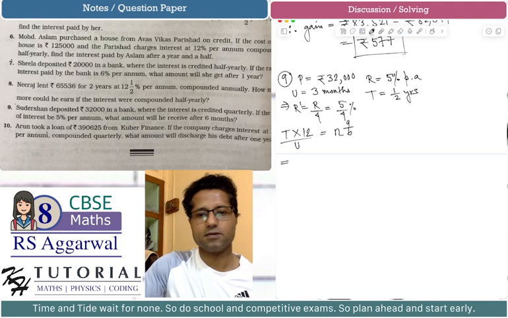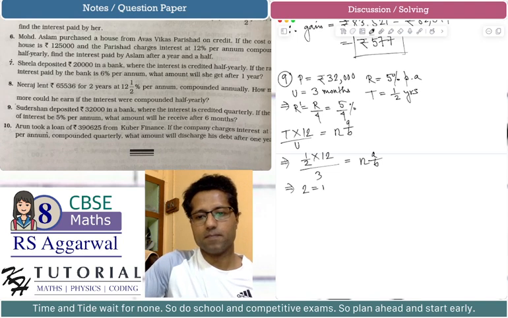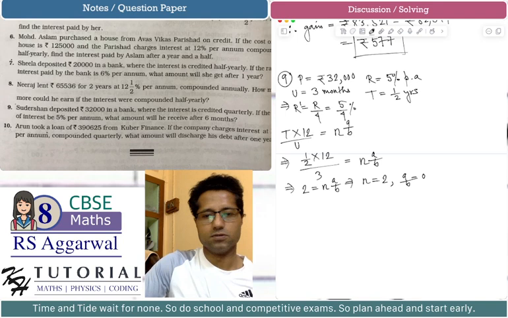So t is half multiplied by 12 divided by u is 3, which is equal to n a by b. This implies 6 by 3 is 2, so n is equal to 2 and the fraction a by b is equal to 0.